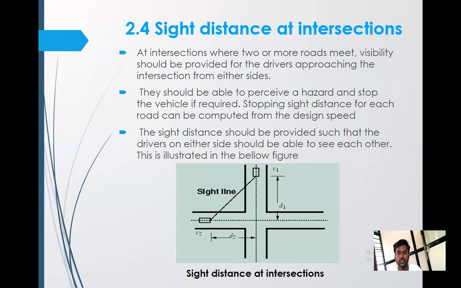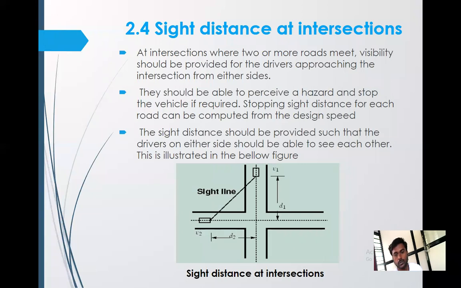If he sees another vehicle coming from another section of the road, he should be able to stop the vehicle well in time. The stopping distance required depends on the design speed of that road. That much stopping distance should be available at the intersection point, so that he can easily stop the vehicle.